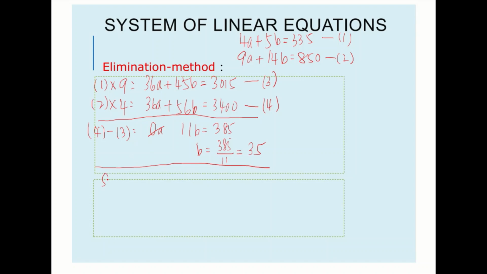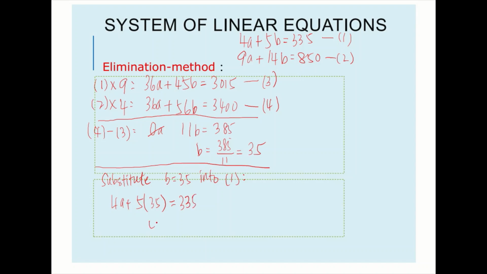So we substitute b equals 35 into equation 1. Then we have 4a plus 5b, with b as 35, equals 335.